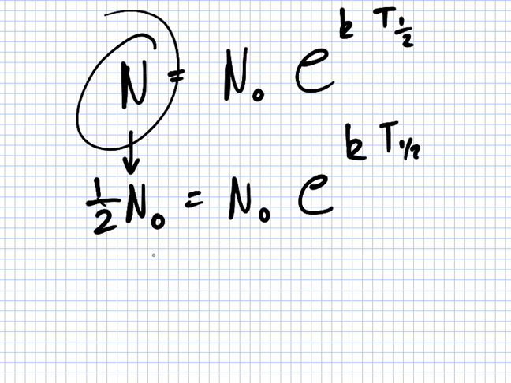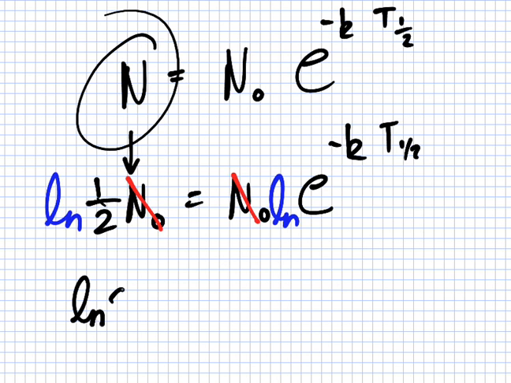Do we need to cancel any zeros? Now we need to cancel out the N0s. And then how can I cancel the e? Log. Oh sorry, I left out my minus here. So now I have log 2 to the minus 1 equals minus k t half.